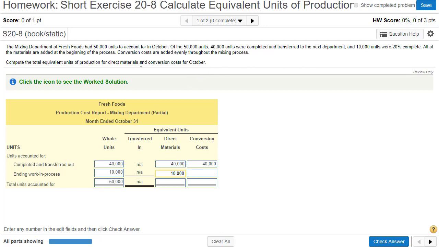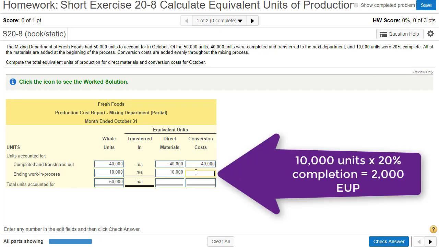And then, let's get to the key part. Conversion costs are added evenly throughout the mixing process. So since these 10,000 units are 20% complete, of these 10,000 units, they have 20% of the conversion costs added to them.